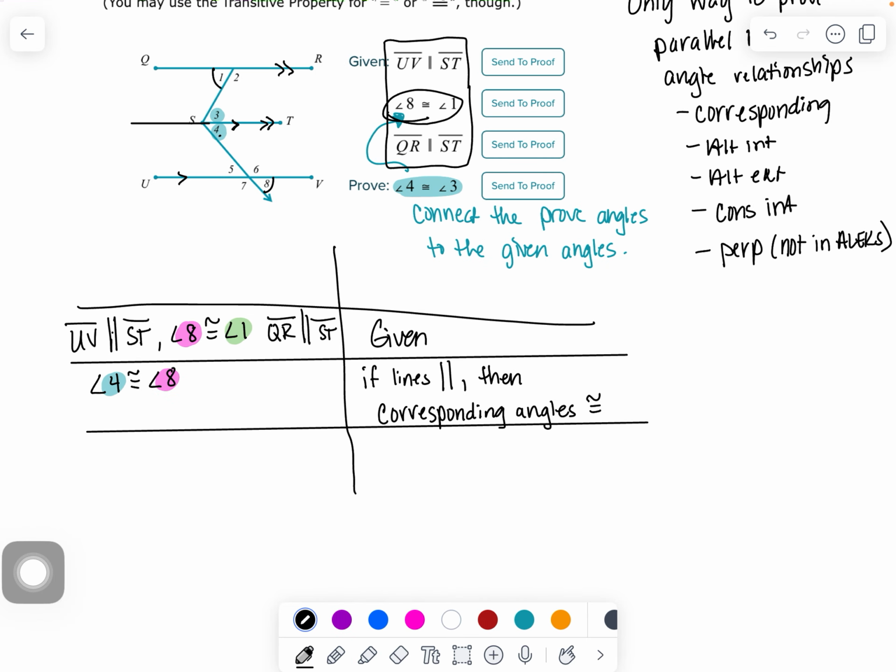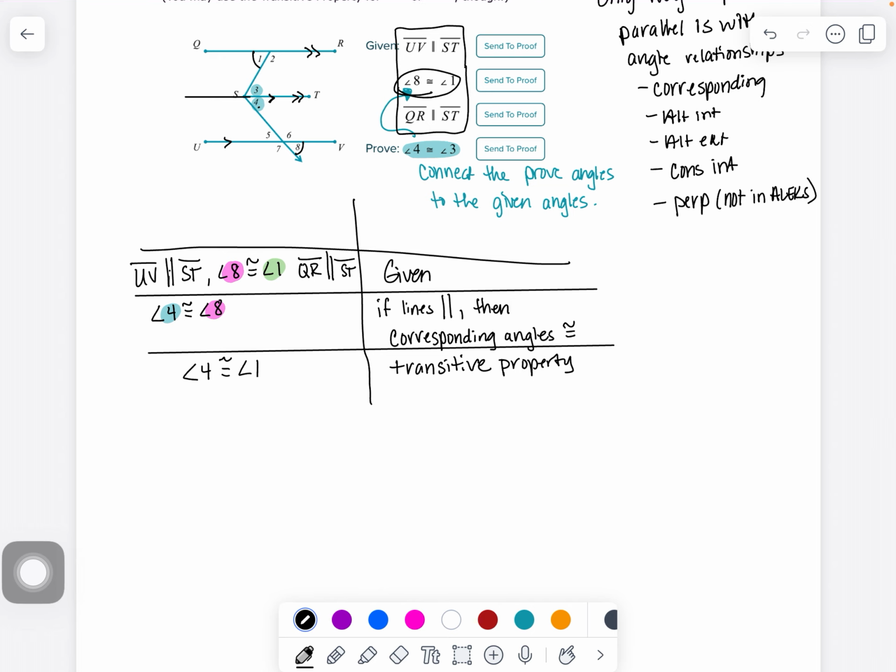That means that angle 4 is congruent to angle 1. I'm going to write that down. I've now proven that angle 4 is equal to angle 1. So I'm going to write that down by the transitive property. Okay? I can only link 3 things at a time. So I have to do that 3 at a time. Okay, so there we go. Got that done.